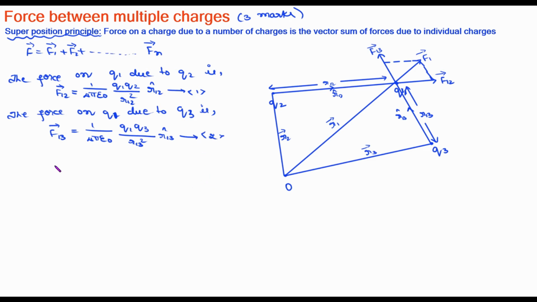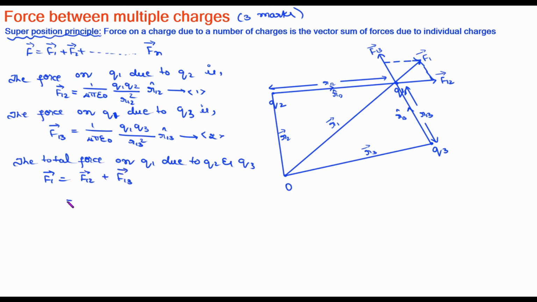So the total force on Q1 due to Q2 and Q3, we have to sum it up. F1 is equal to F12 plus F13.